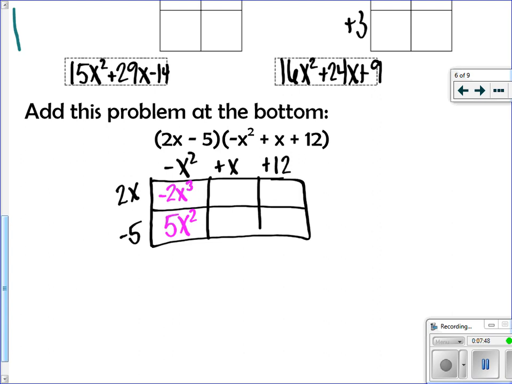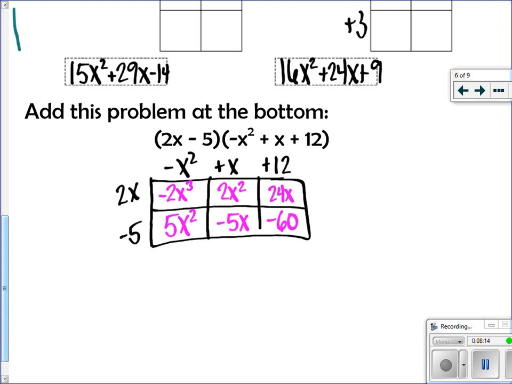Top middle, x times 2x. 2x squared. Bottom middle, x times negative 5. Top right, 12 times 2x. 24x. And then bottom right, 12 times negative 5. Negative 60.